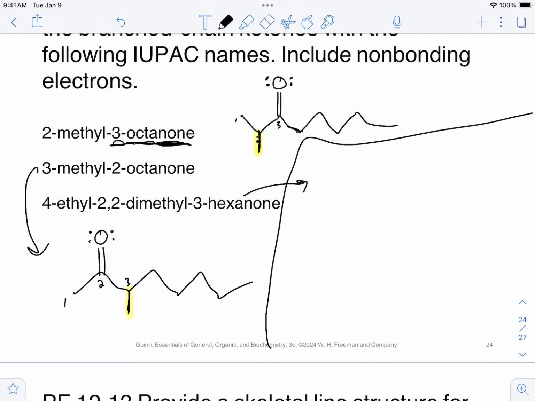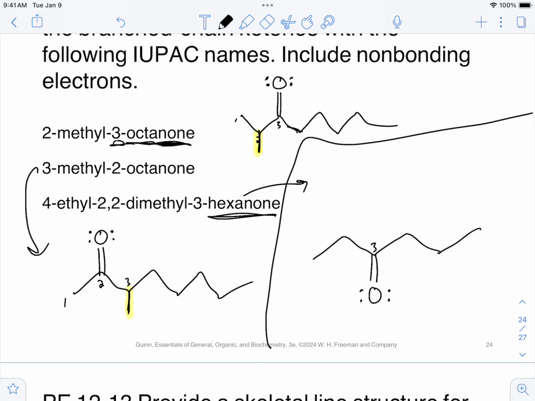And the last one, we have the ending is hexanone. So we have a 6-membered chain. So it should look something like that. And off of the third, we'll call this the third, there's a double bond to oxygen.